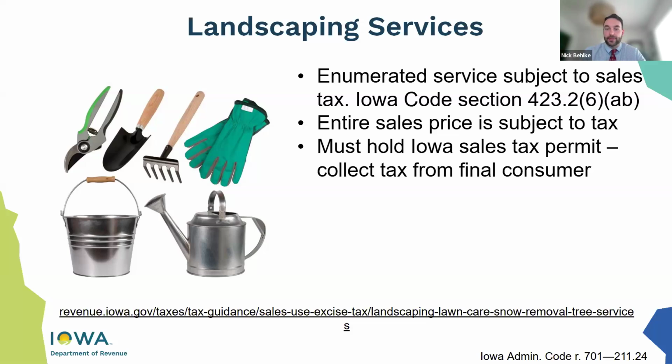We do have a link at the bottom of this slide related to sales, use, and excise tax on landscaping, lawn care, snow removal, and tree services. I'd encourage you to check out our website guidance related to these services. And of course, the rule at the bottom is also relevant.